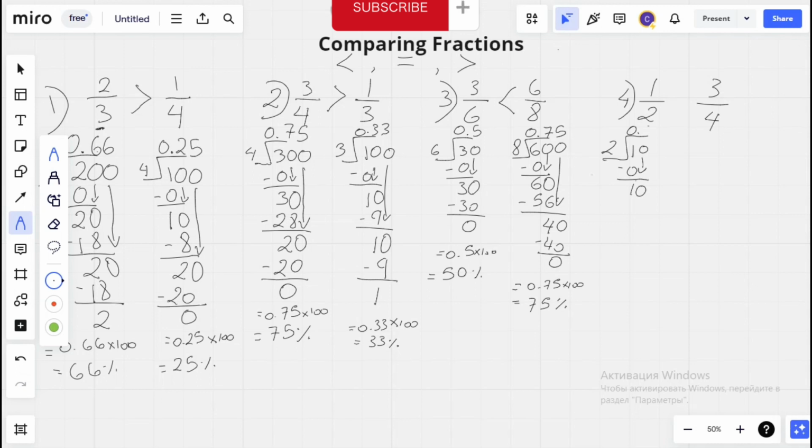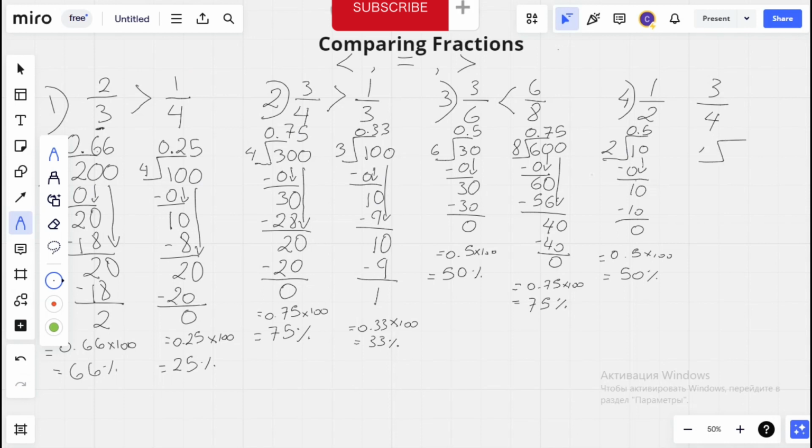How many 2's can you put in 10? It is 5. 5 times 2 equals 10. So it's going to be 0.5. How do we turn it into a percentage? We times 100, so it will be 50%.